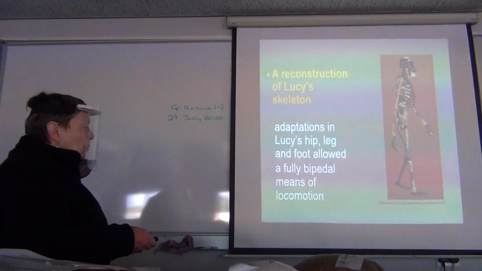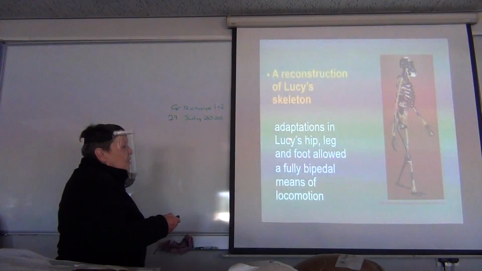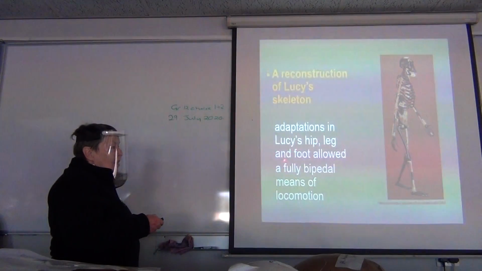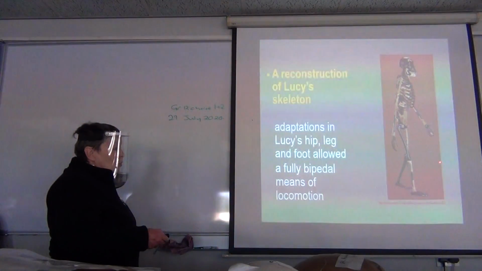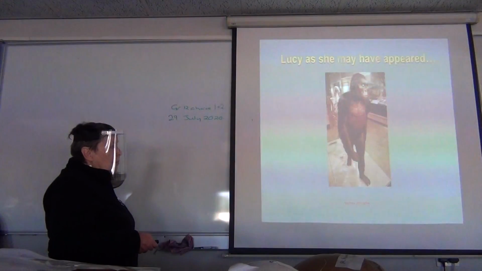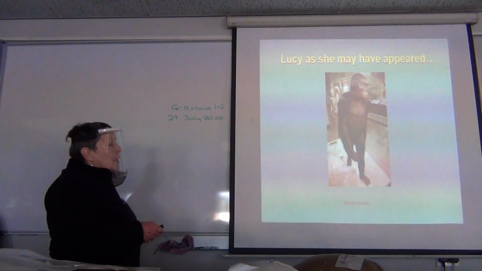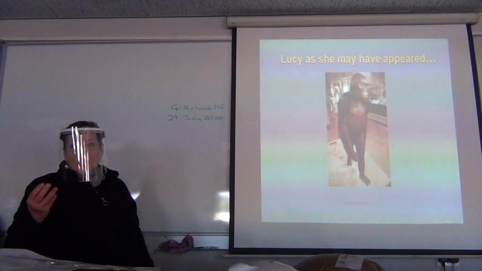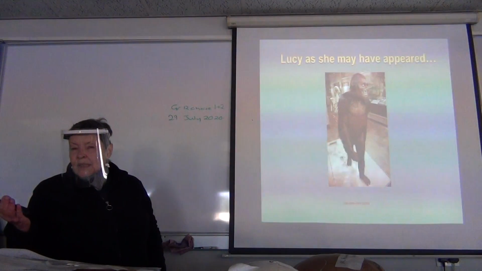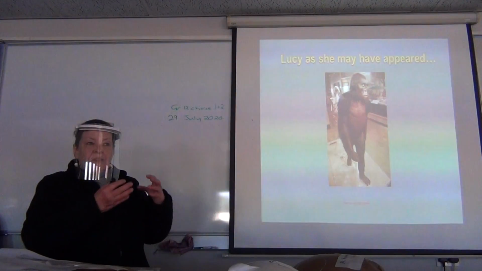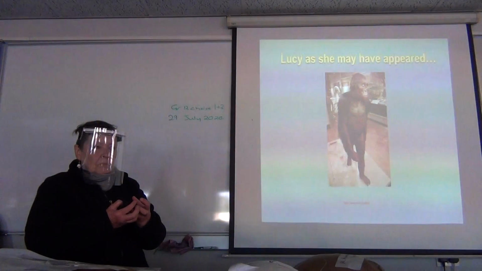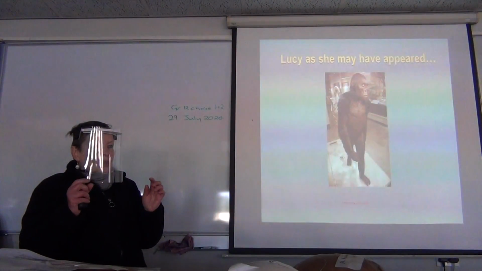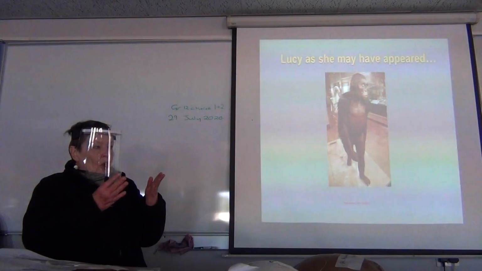Okay. So adaptations in Lucy's hip, her leg, and her foot showed that she had a fully bipedal means of locomotion. And then they used a method that is very similar to what they do at cold cases and crime scenes. If they find a skull of someone, then what they can do is actually cover it.